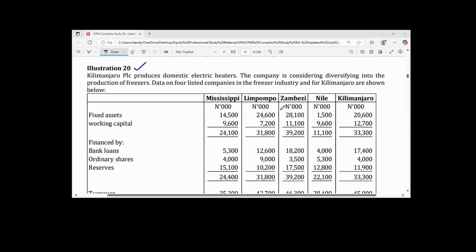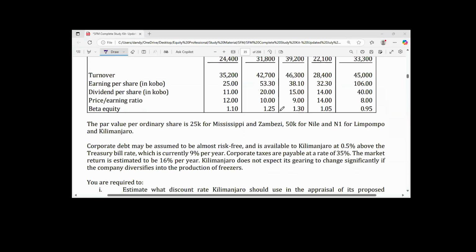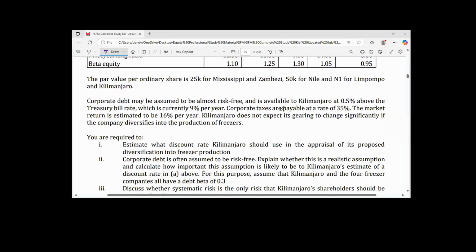Kilimanjaro PLC produces domestic electric heaters. The company is considering diversifying into the production of freezers. Data on four listed companies in the freezer industry and for Kilimanjaro are shown below. The par value per ordinary share is 25K for Mississippi and Zambezi, 50K for Nile, and 1 naira for Limpopo and Kilimanjaro.